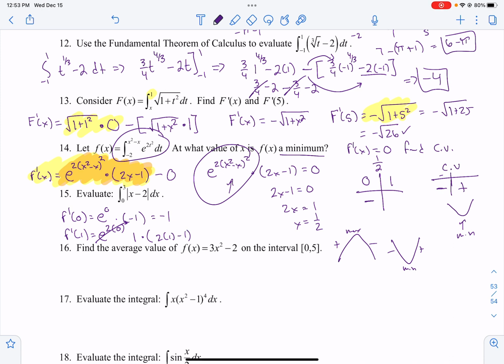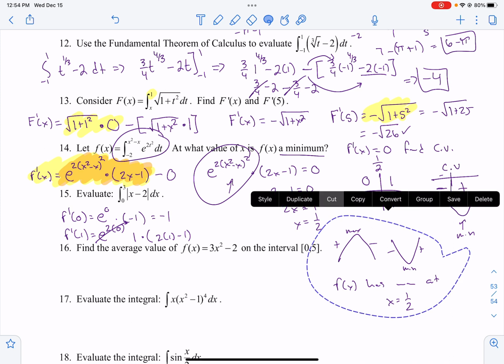Well, 2 times 1 is 2, minus 1 is 1. 1 times 1 is 1. That's a positive number. So I have a minimum at 1/2. So I would say that f of x has a minimum at x equals 1/2. And there was my work to show that that's true.